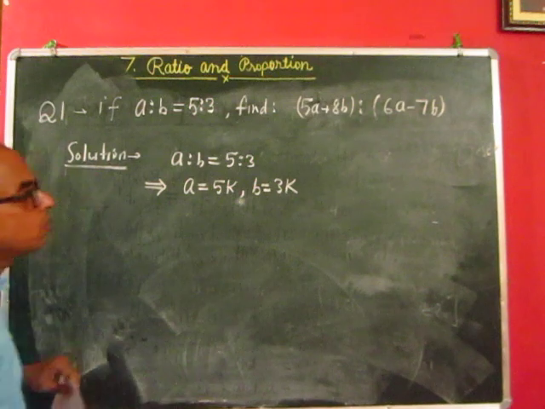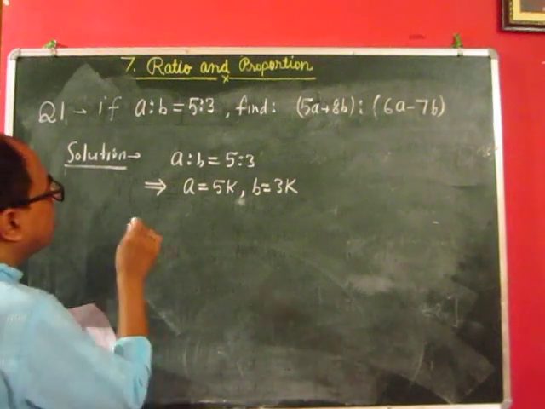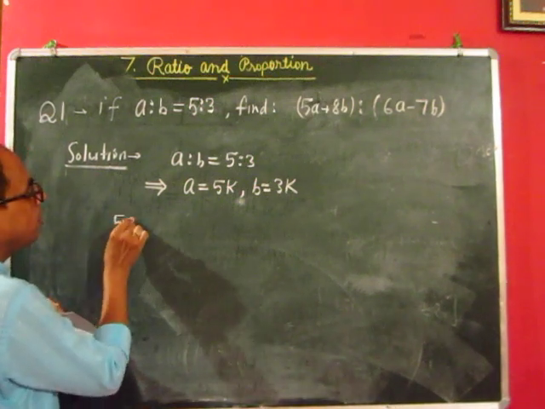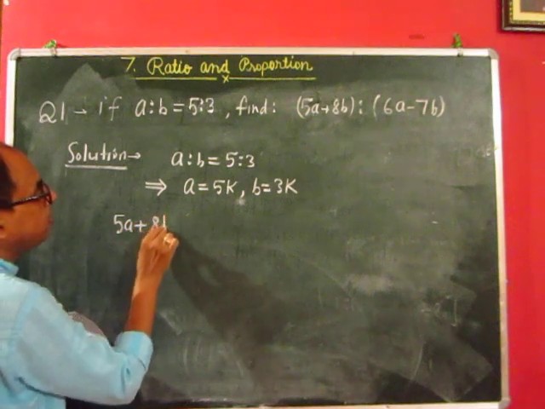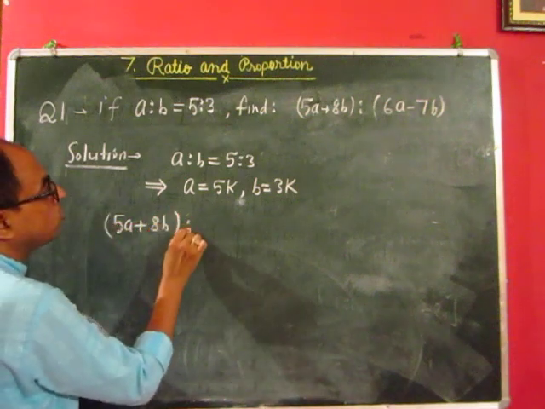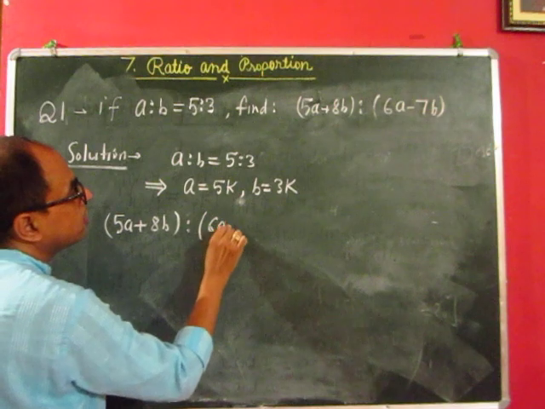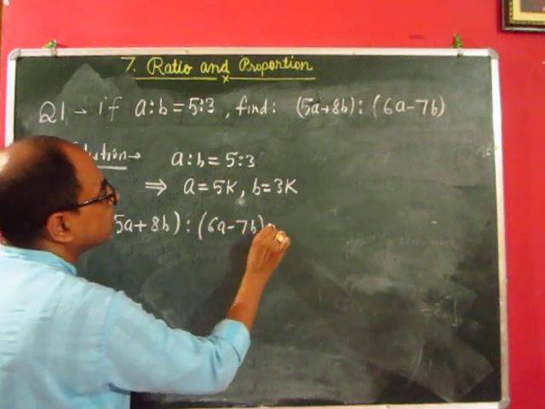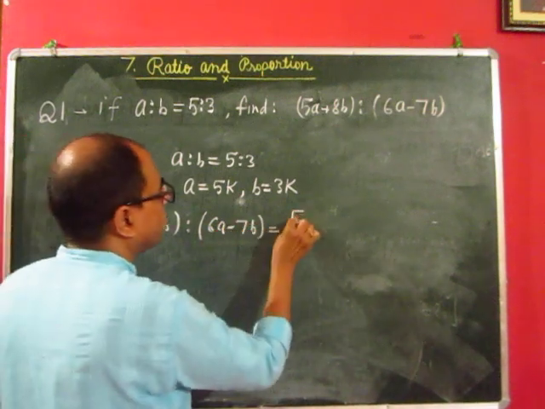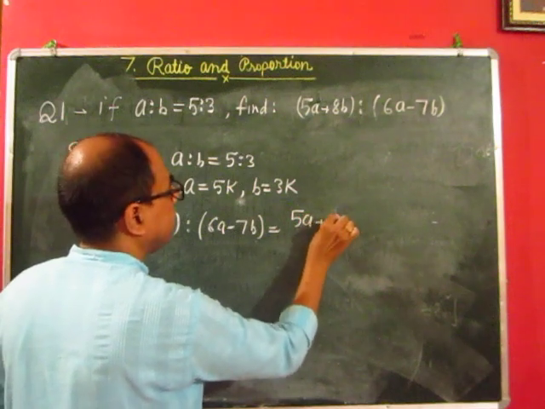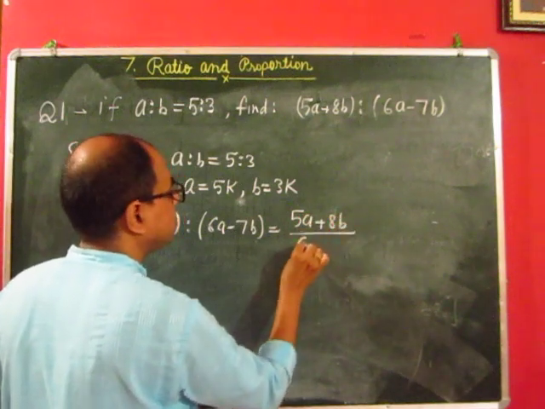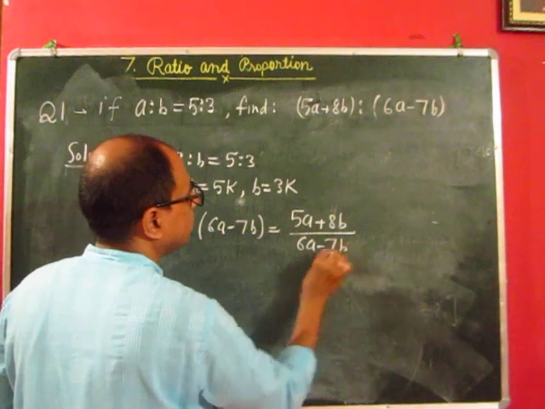This is the interpretation of this ratio. Now we have to find the value of 5A plus 8B is to 6A minus 7B. So it can be written as 5A plus 8B divided by 6A minus 7B.